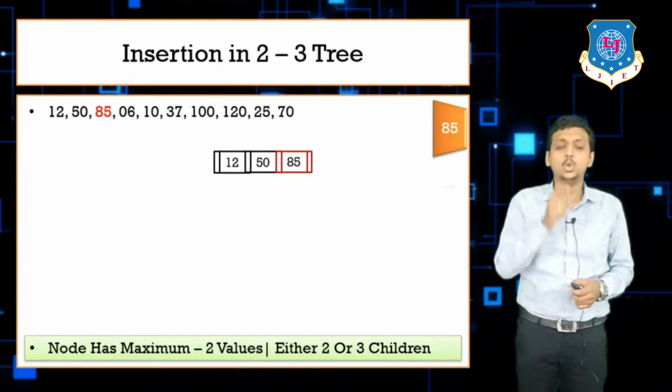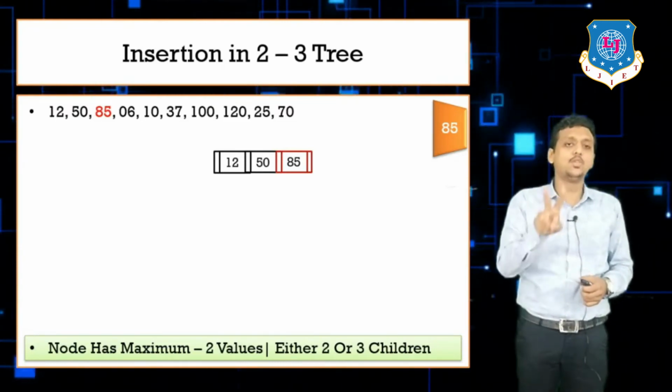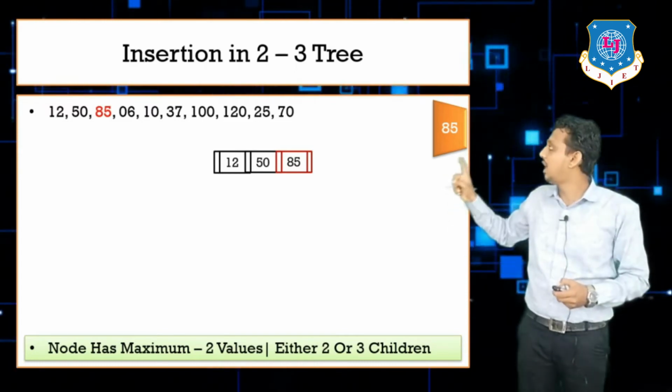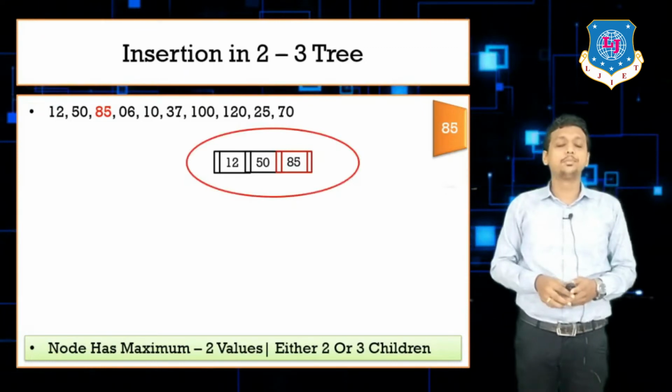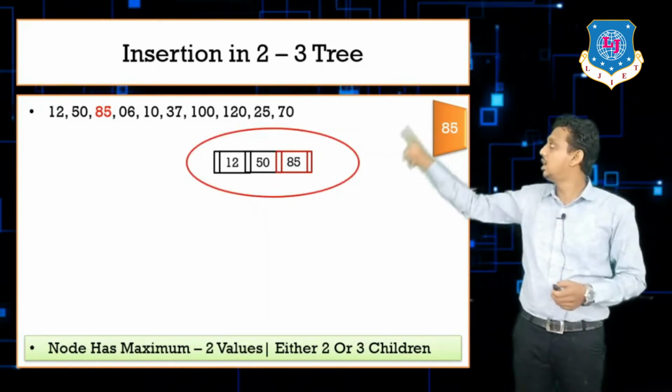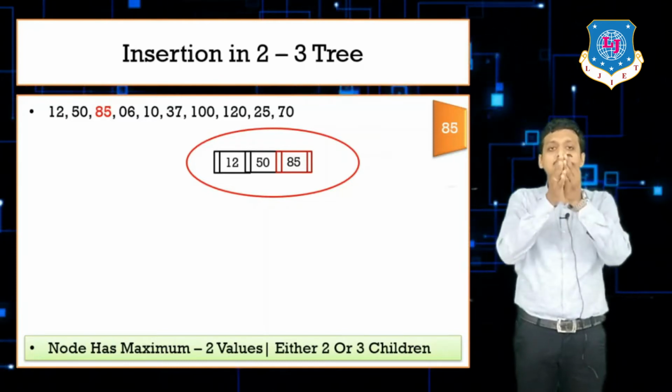Yes or no? No, because this is a 2-3 tree where a maximum of only 2 values can be stored. So after inserting 85, my whole node becomes full. So what I need to do is split it.